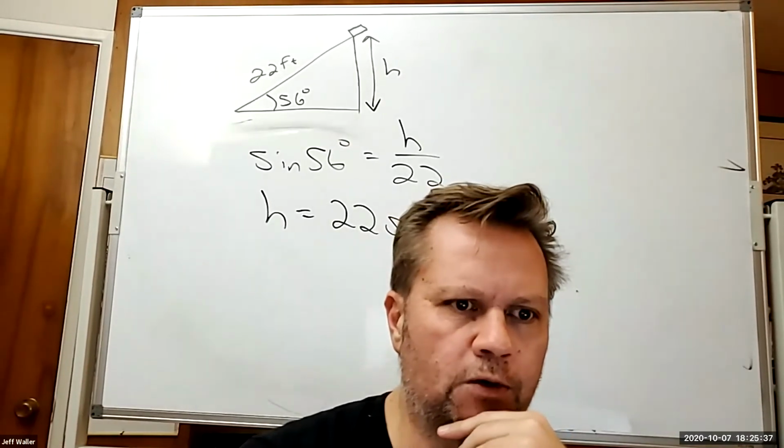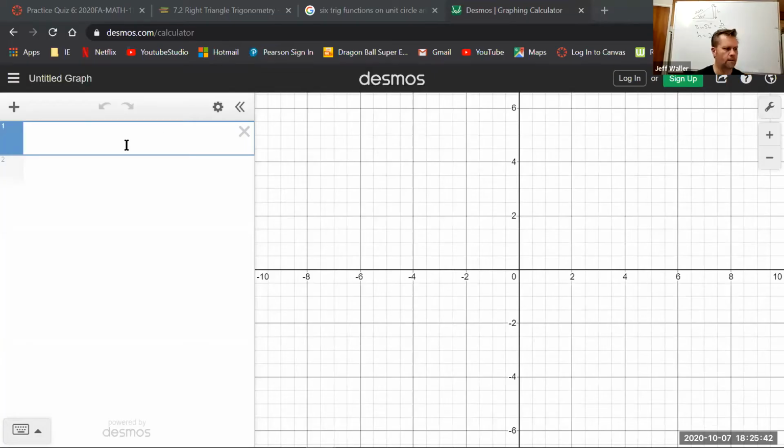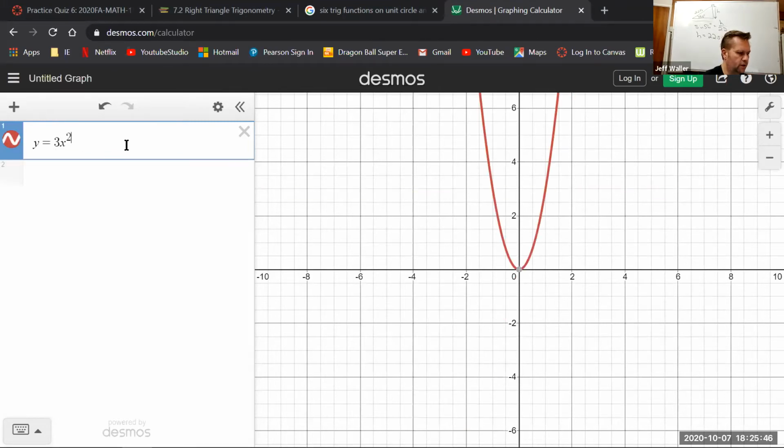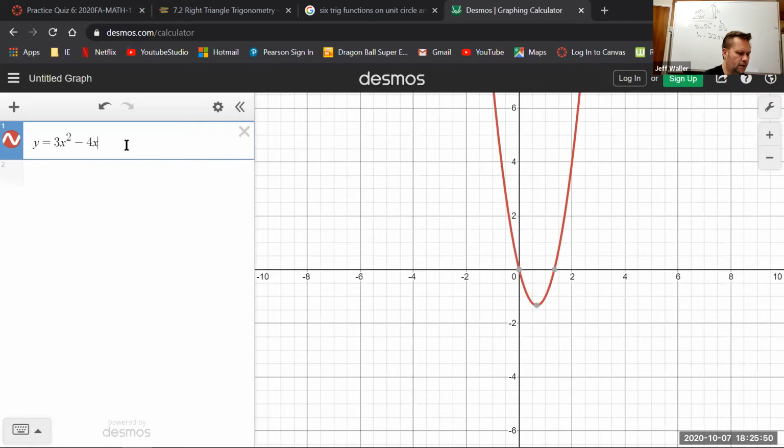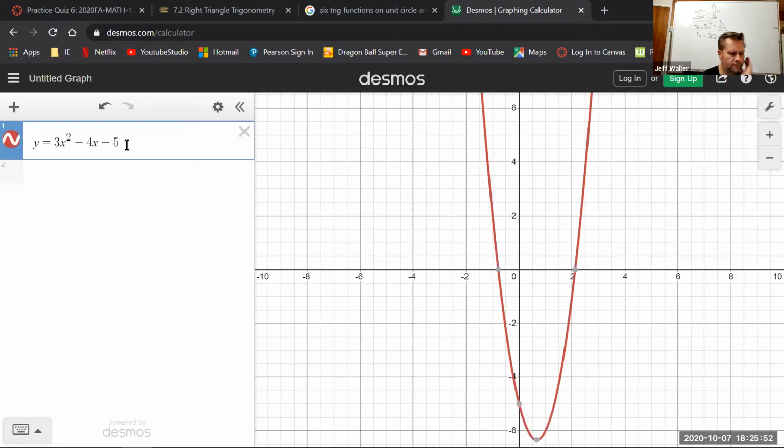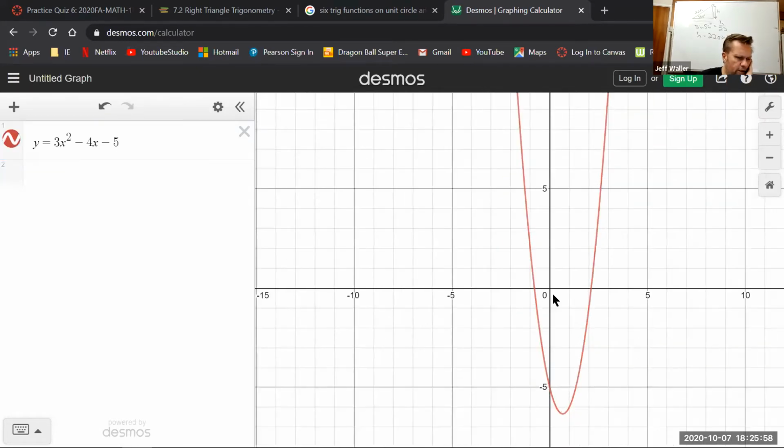So if you go to desmos.com, this is what it looks like. And I can plug in here y equals 3x squared minus 4x minus 5. And then look at what it already knows to calculate. Can you guys see that already? Let me pull out a little bit.